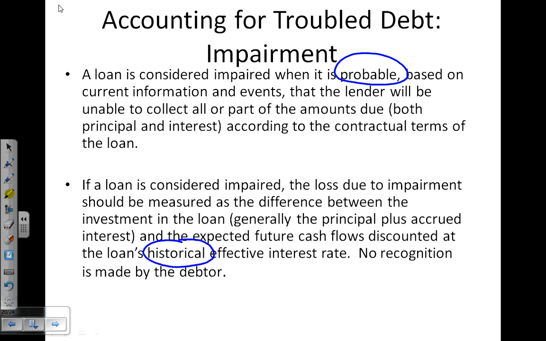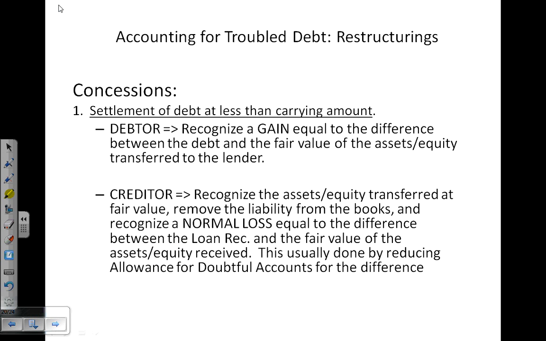And in this case, at this date when it becomes probable, there's no debtor recognition until there's an actual modification of terms or if the debt is settled. So we'll come back to this in a little bit, but this is a key issue, that we're not going to have comparable accounting for the debtor and the creditor in these situations. So this is the one where we have a situation, and we're going to do an exercise later on.